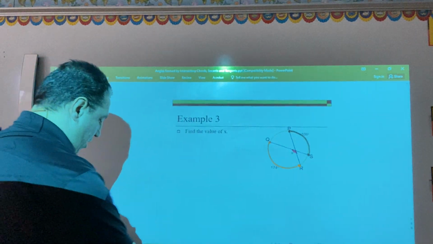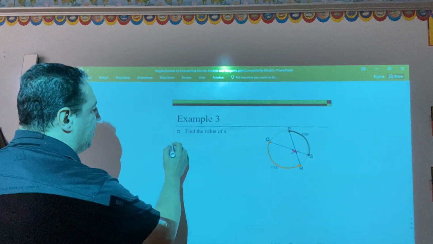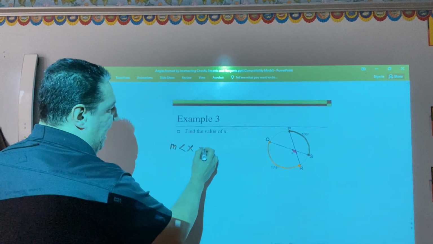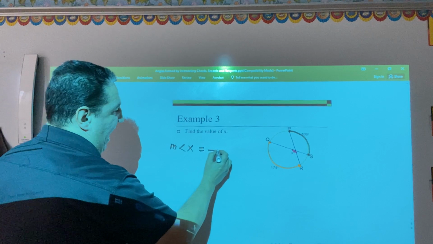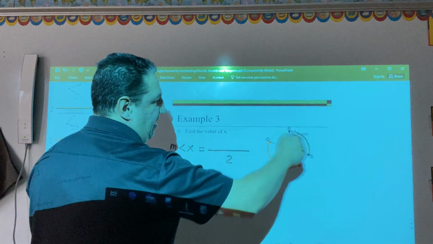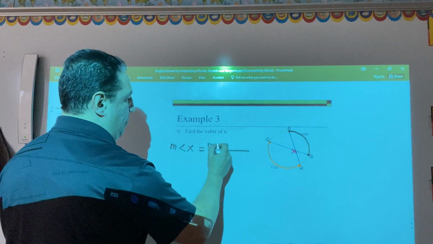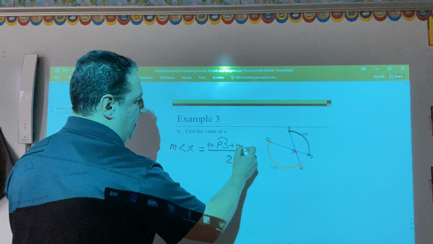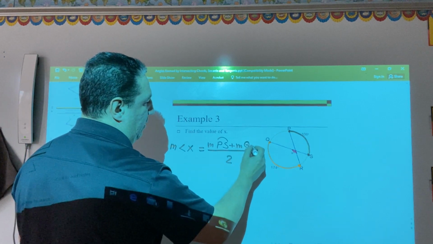So we can say the measure of angle x equals half of the measure of arc PS plus the measure of arc QR.